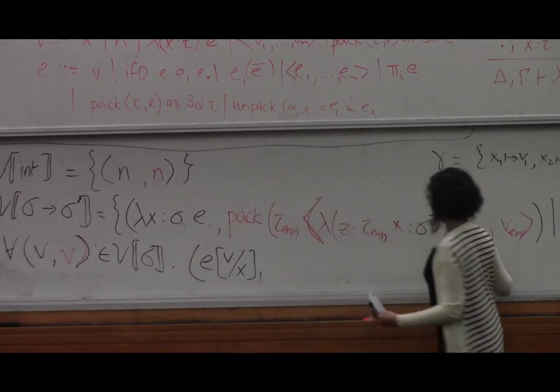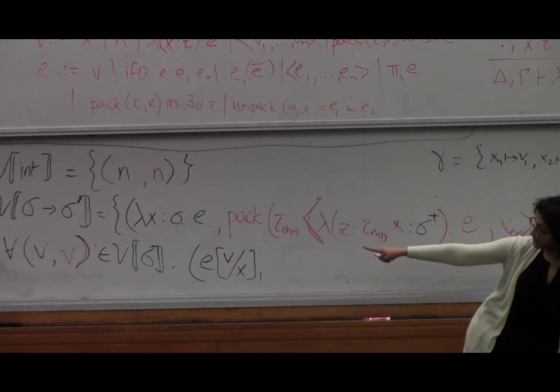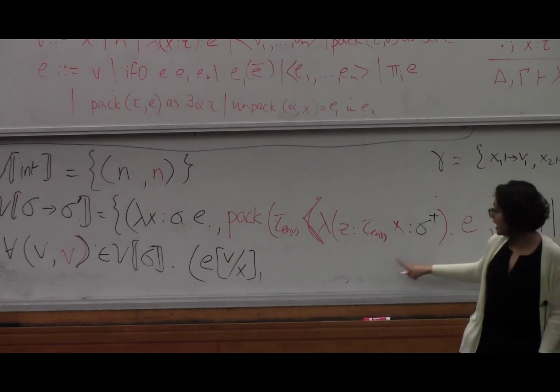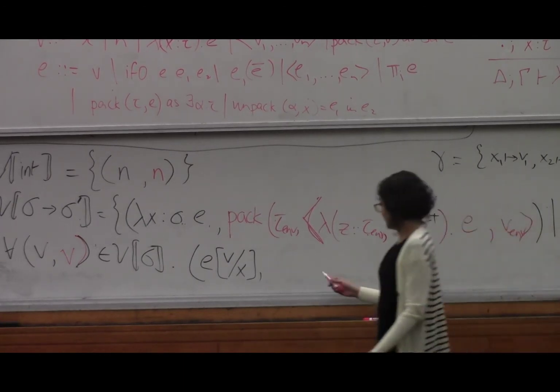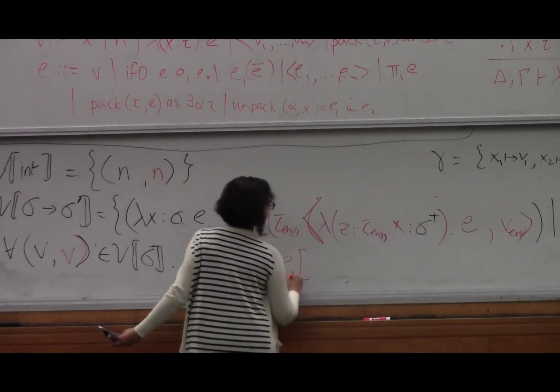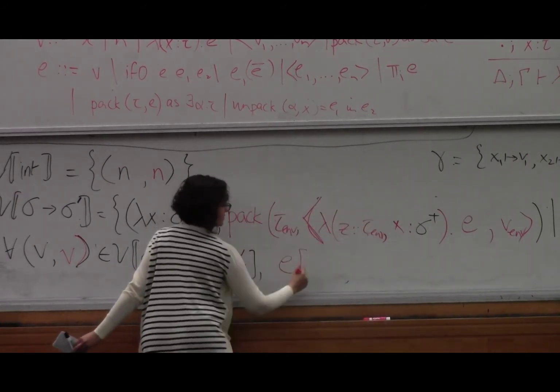Basically, this red E has a red X that's free that we have to plug. Clearly, we want to plug that with our red V. But it also has this Z that we need to plug. What do I plug that with? Right. The Vn is precisely the thing that we get to substitute there.